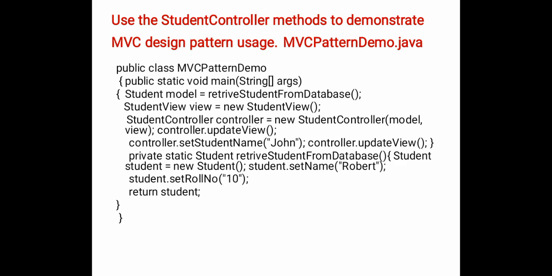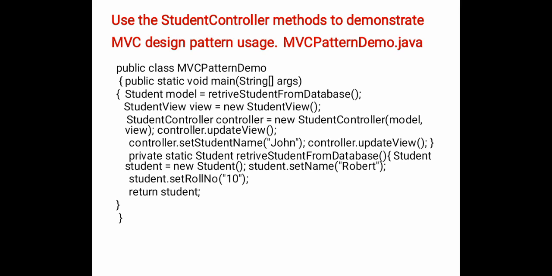Now we have created model, view and controller. For using these three classes we have created an MVC pattern demo.java class for using all the three. In MVC pattern demo class there is an object model.